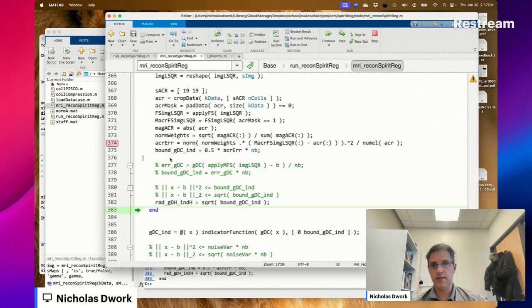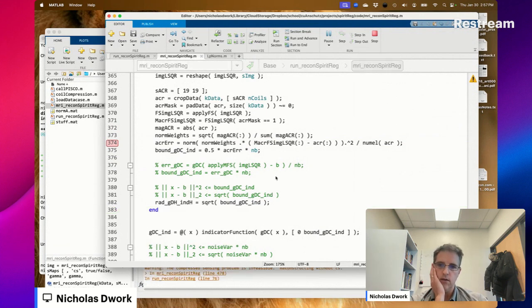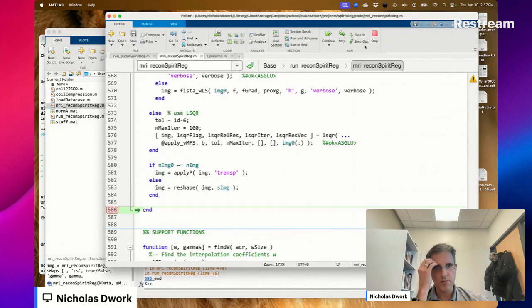One times 10 to the negative 3. Problem's infeasible.